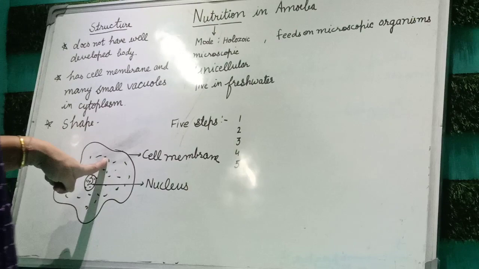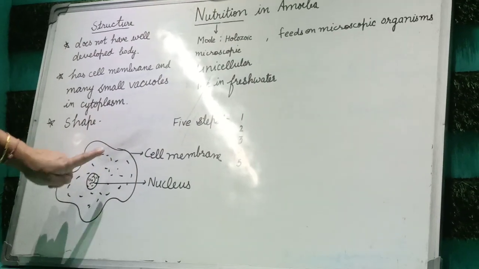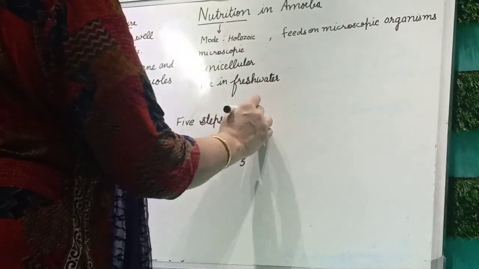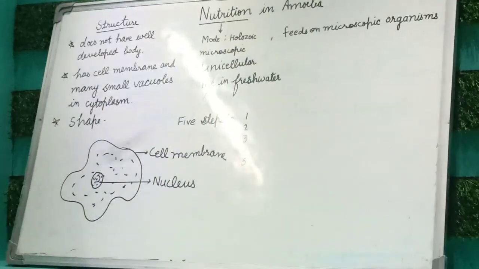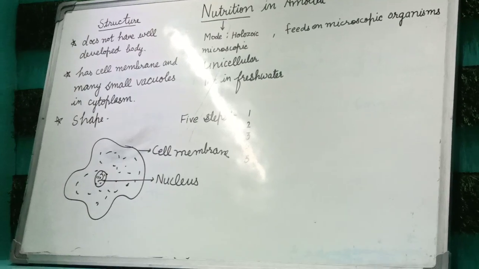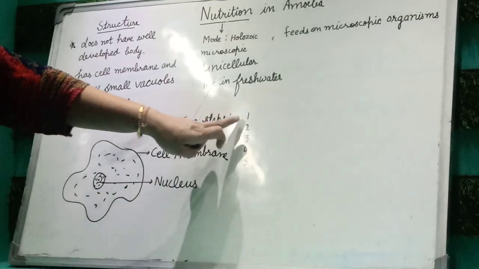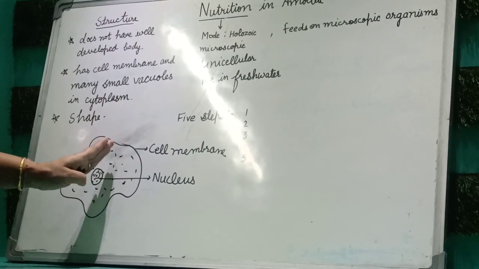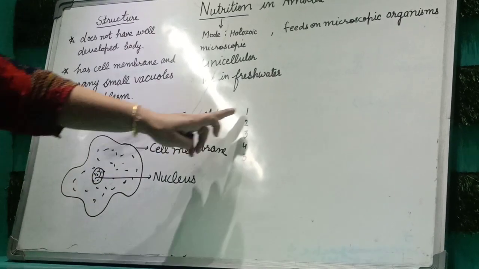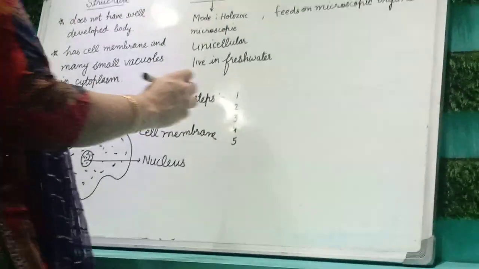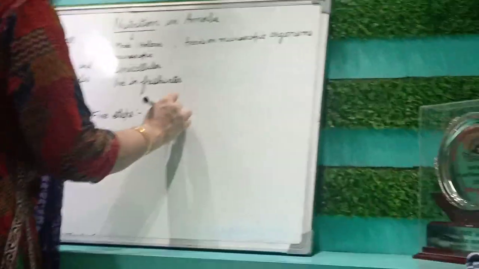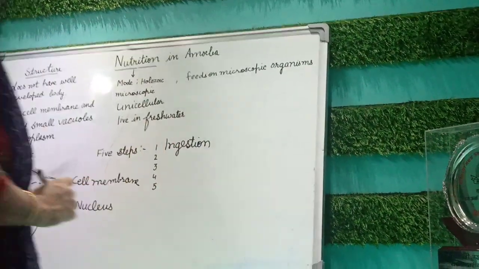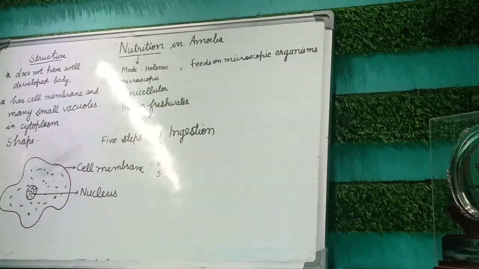Now, how it takes food into the body and how food is digested in the body of amoeba. There are mainly 5 steps. As we have earlier studied, nutrition in the human body takes place in 5 steps. In the same way, digestion of food occurs in 5 steps. First step is ingestion. Ingestion means taking food into the mouth.